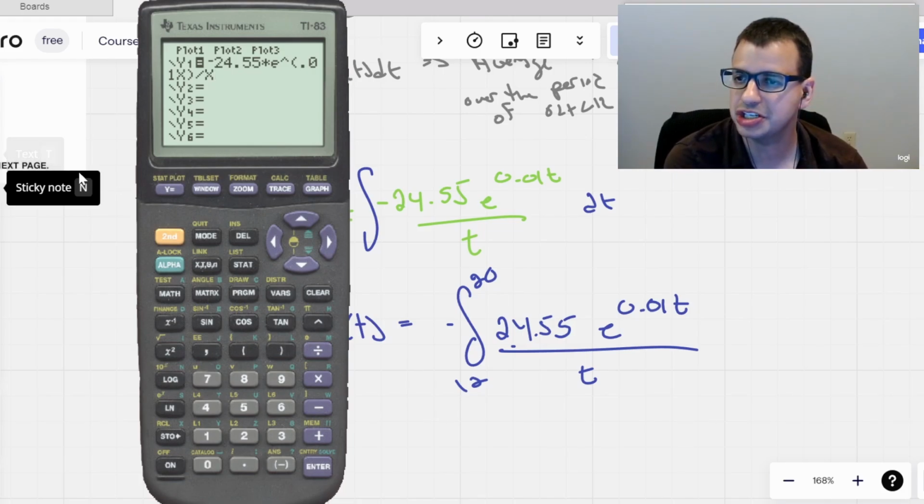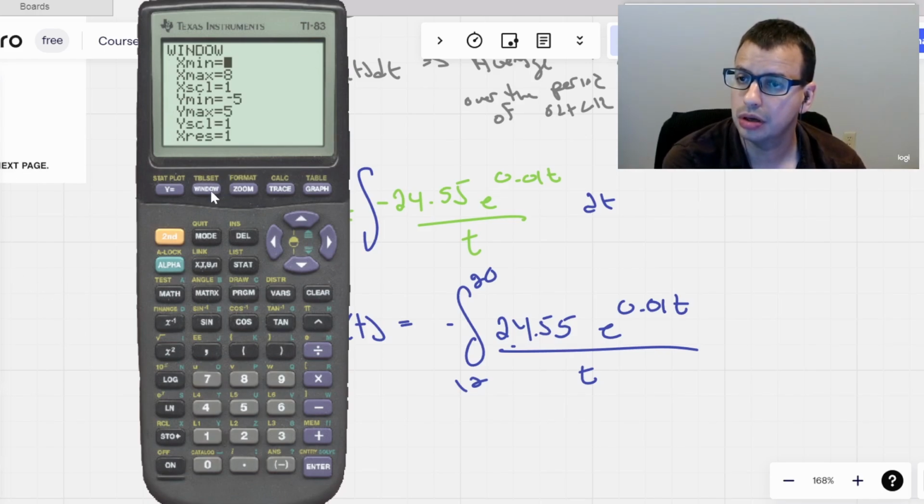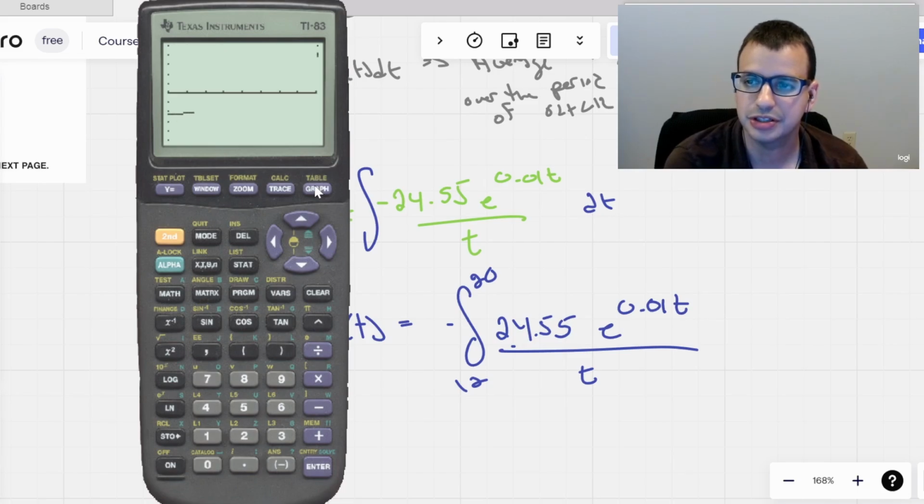And due to the magic of video editing, I put it in there because you don't need to see me put that in there. Boring. So I'll do window, let's do 12 to 20, and then negative 5 to 5. That works. And then we will graph this.